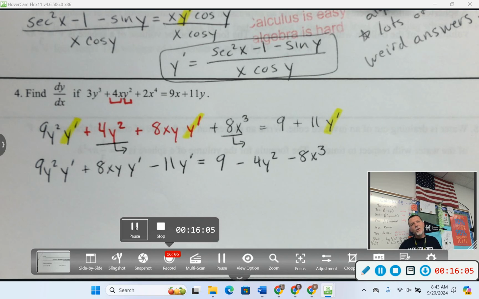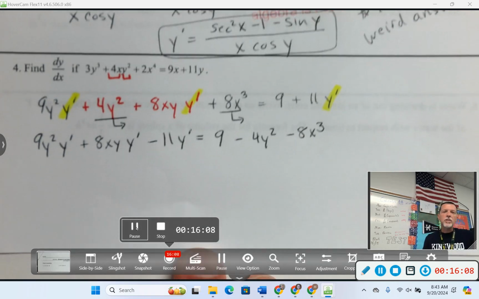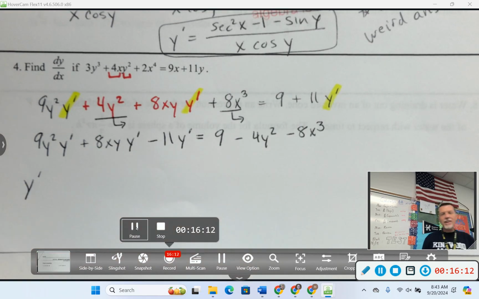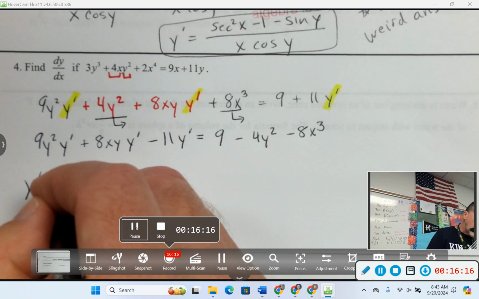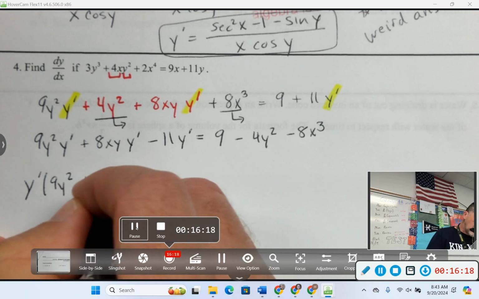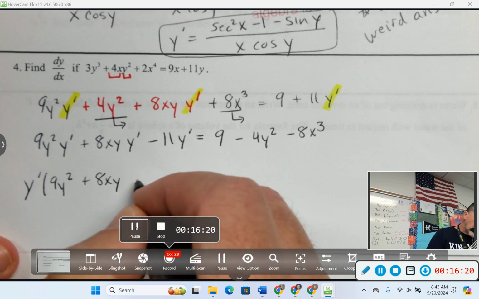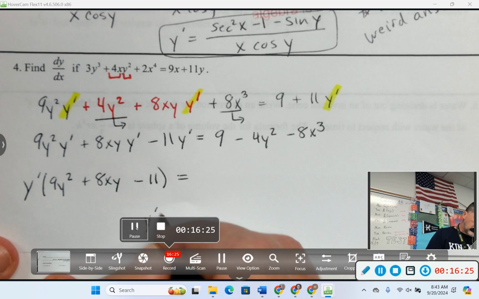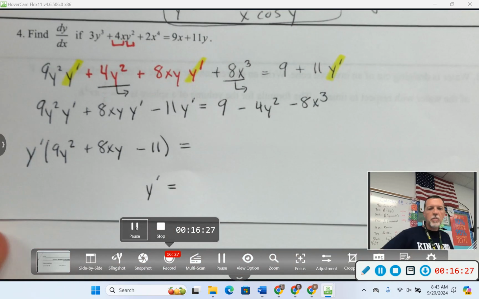And then I'm going to show an extra algebra step that many of you won't. I'm going to show the y prime factored out. Some of you would kind of just do that in your head and divide by all the not y prime stuff. 9y squared plus 8xy minus 11 equals, and I'm just going to attempt to be lazy.